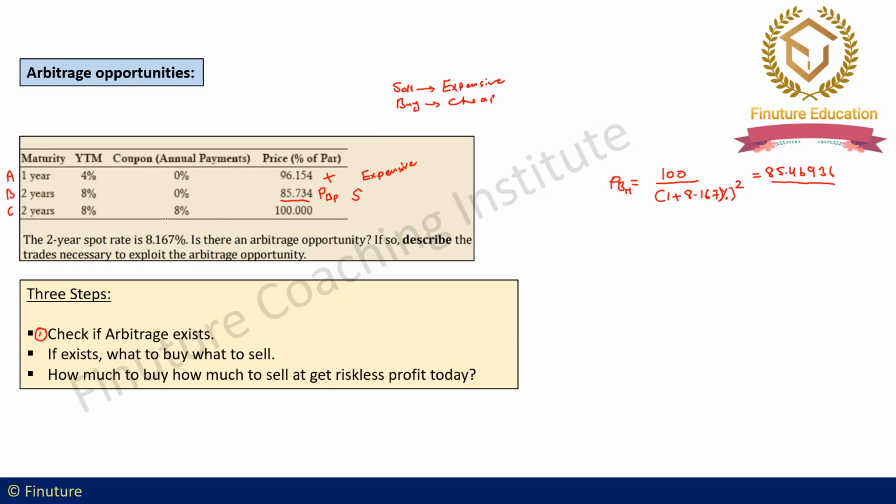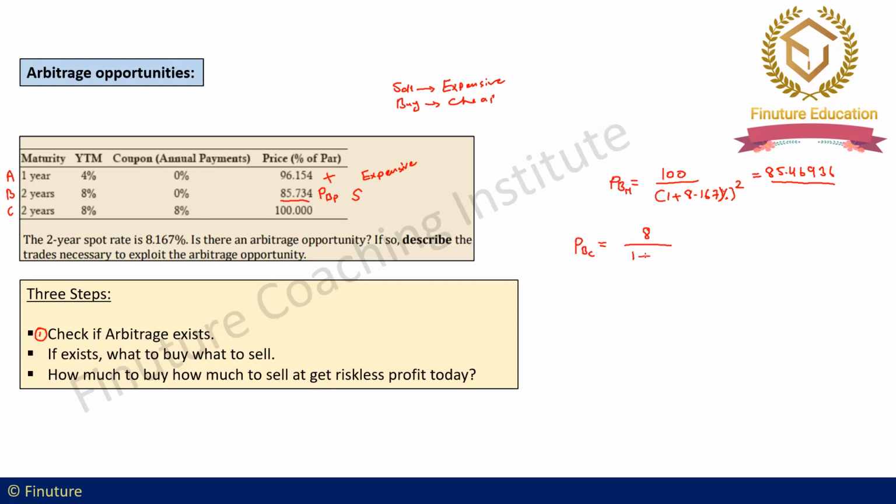Now let's see how it has impacted the 2 year coupon bearing bond. If I were to calculate the price of bond C, currently because in the portfolio YTM and coupon are the same, it's at 100. But if I try to calculate the price using this 2 year spot rate, a very important point to notice is that the coupon of 8 would be discounted at 4% because the 1 year spot rate has not changed.